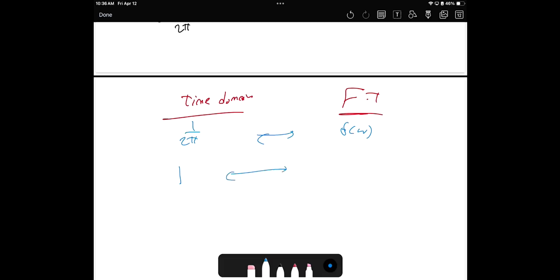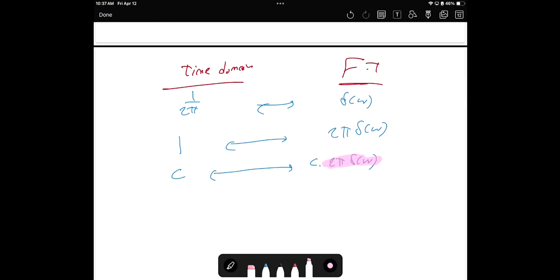This yields 2 pi times delta. How about if I have a constant c? This yields c times 2 pi delta(omega). So if you see any constant, you multiply by 2 pi times delta(omega). Any constant in the time domain will be 2 pi times delta(omega) in the frequency domain. Does this make sense?